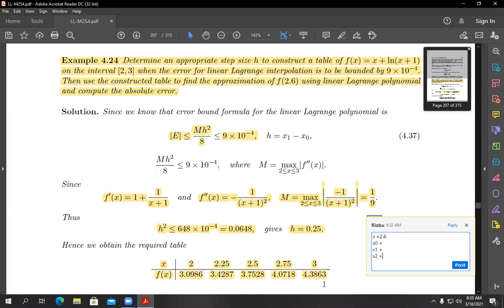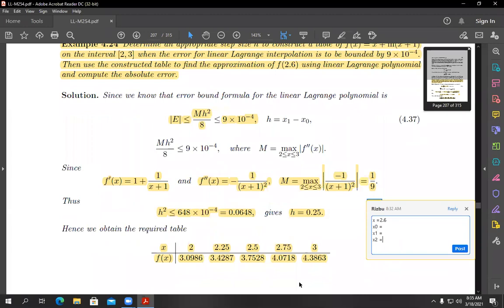So which points will you choose now? 2.5, 2.75 and 3. What about 2.25, 2.5, and 2.75? You can use that also. What is the size of the interval in that case? From 2.25 to 2.75, how much distance do you have?